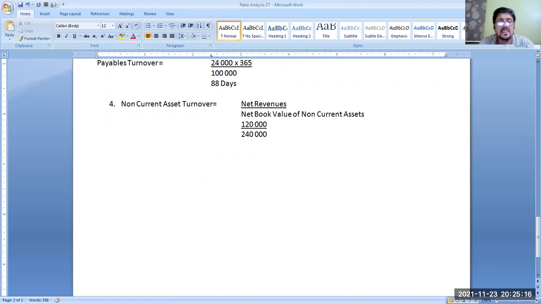The answer is 0.5. So 0.5 means 50%. That's good. But normally as its percentage or its value increases, it means the company's efficiency is increasing. Are you getting my point, Claire?